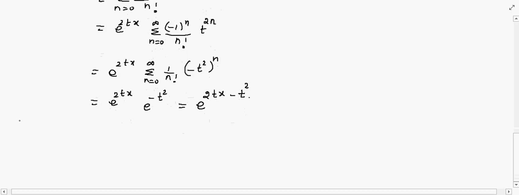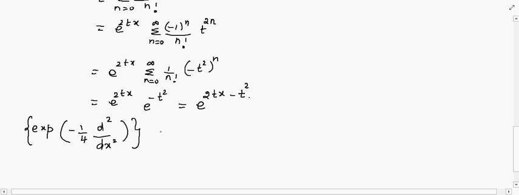Okay, to prove the required relation, we'll consider this exponential of minus 1 by 4 d square by dx square into sigma n equal to 0 to infinity 1 by n factorial into 2tx whole power n.